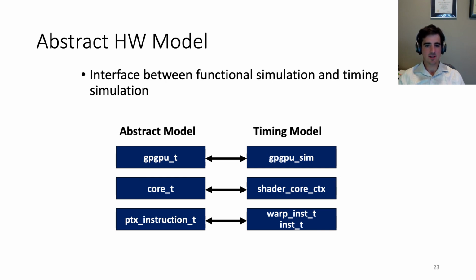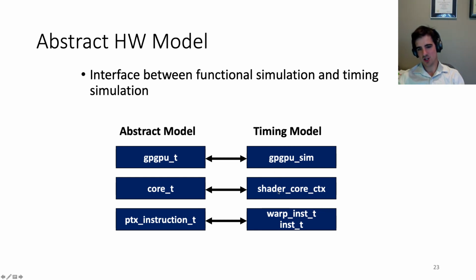So the software is structured such that there's an interface between the functional simulator and the timing model, okay? And at the very top level, the timing model has a GPGPU-Sim object, which is essentially tied to that big GPU T that we talked about a few slides ago.